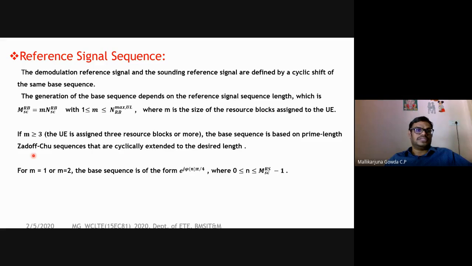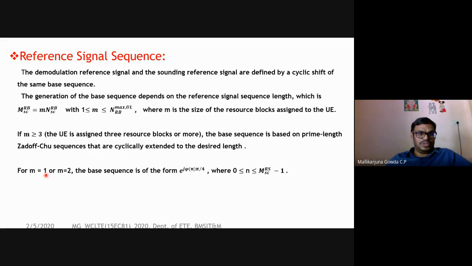When m is greater than or equal to 3, that is, the user equipment is assigned 3 resource blocks or more, the base sequence is based on the prime length Zadoff-Chu sequence that is cyclically extended to the desired length.